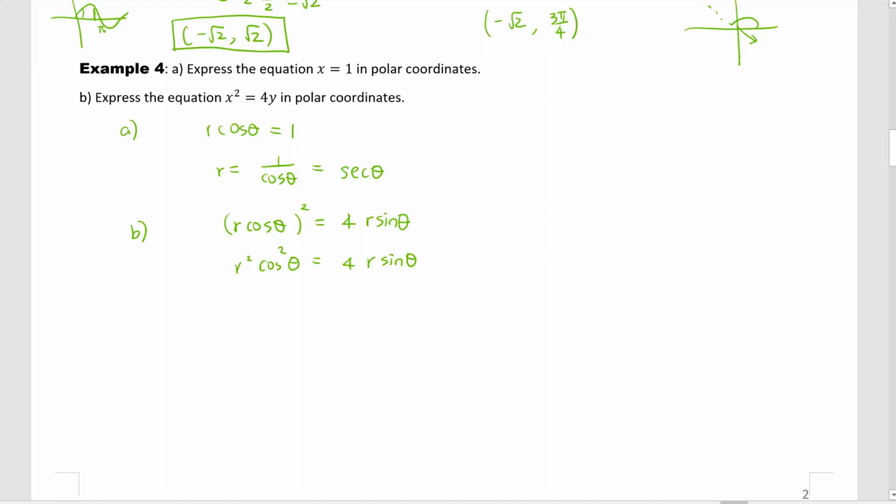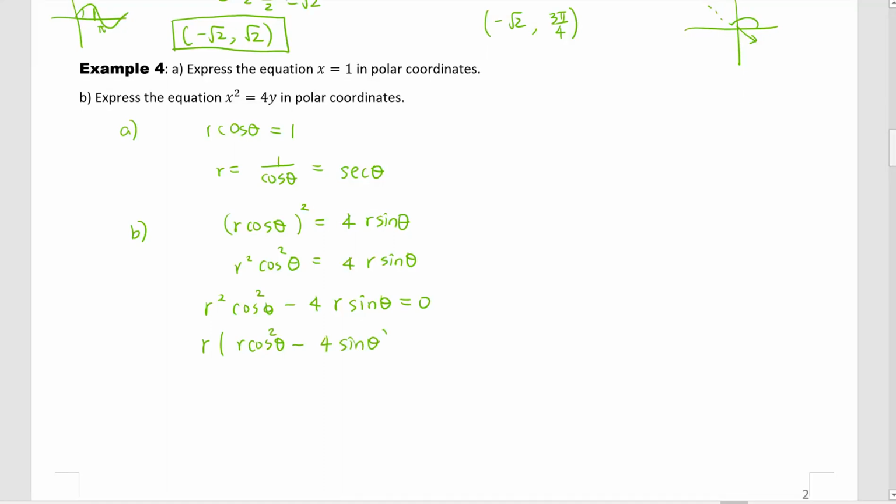Let's move everything to the left. Then we have r squared cosine squared theta minus 4r sine theta. And let's factor out the r. So we have r times r cosine squared theta minus 4 sine theta.